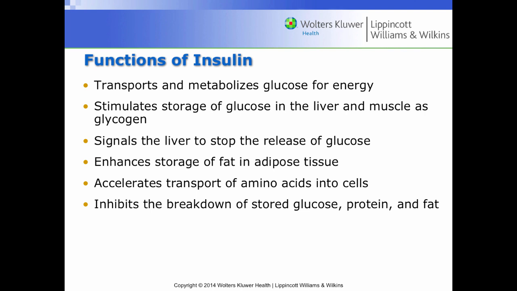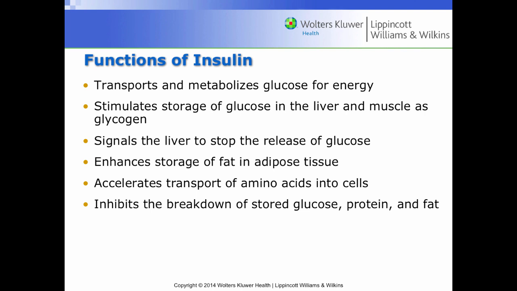It promotes the transport and metabolization of glucose for energy by insulin-sensitive cells, which include the skeletal muscle, the liver, and fat cells. Those are three key tissue types that are sensitive to insulin. Okay? So it causes the uptake of glucose by those cells and the metabolism of glucose by those cells.